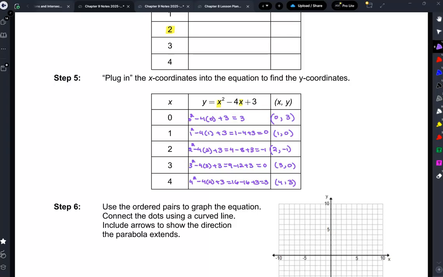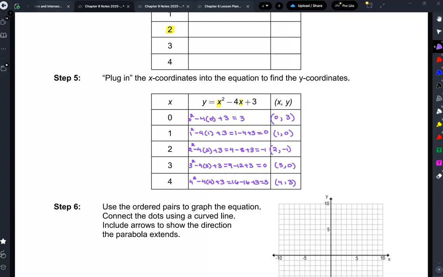What do you notice about the values, but particularly the y values? These ones that we got. Oh, that it's going to always be the number that you got after you solved? Right, but look from top to bottom. Do you see a pattern?